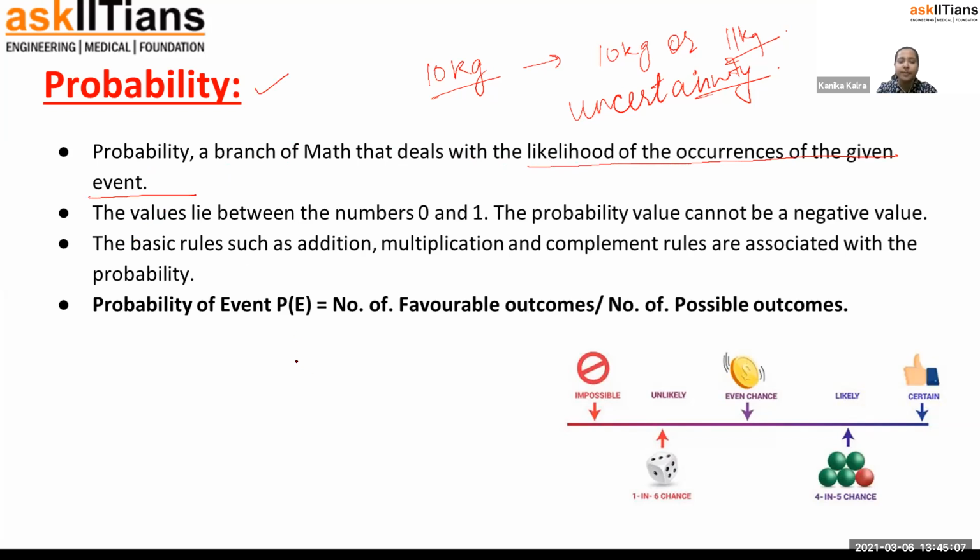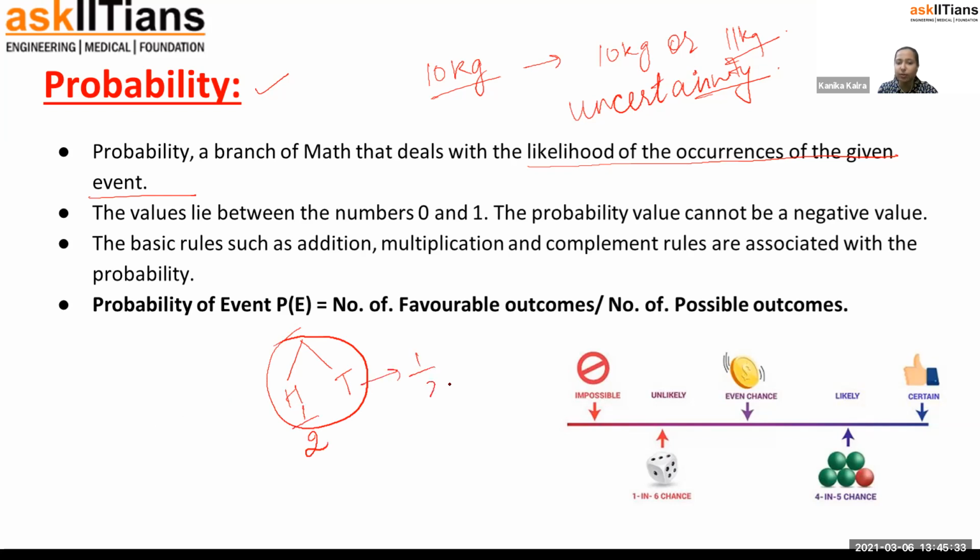For example, if you toss a coin, there are two possibilities: either you get a head or a tail. This is an uncertain event. So when you provide numbers to such a situation, the probability of getting a head would be 1 over 2, like one chance is head out of the two.